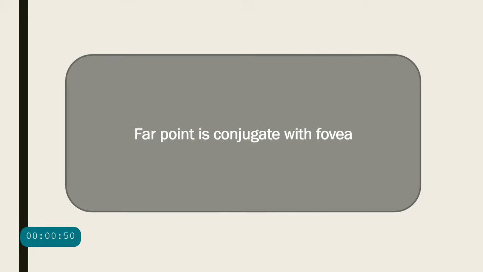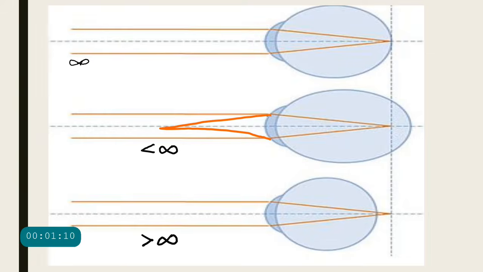Now in a normal eye, the far point is said to be conjugate with the fovea. What I mean to say is that the rays coming from the far point will focus on the fovea. Similarly, the rays originating from the fovea will go up to the far point to converge there, which is considered to be infinity for a normal eye.